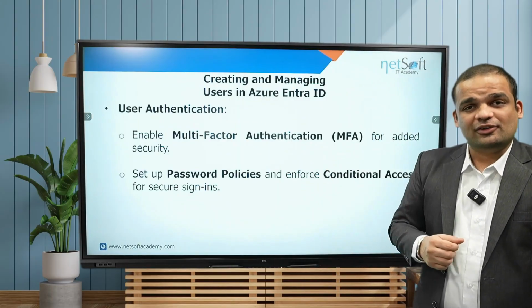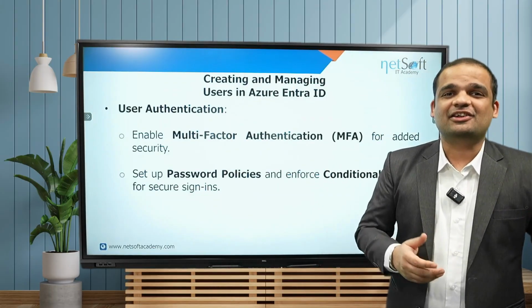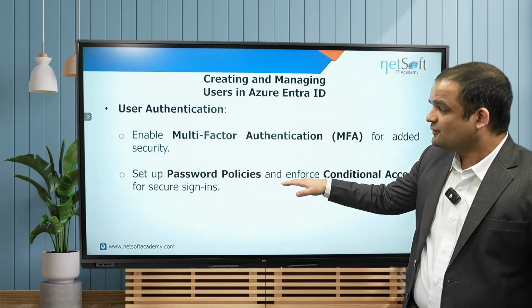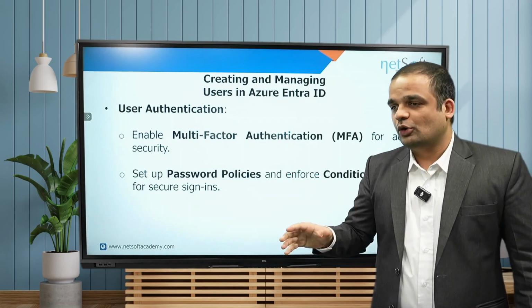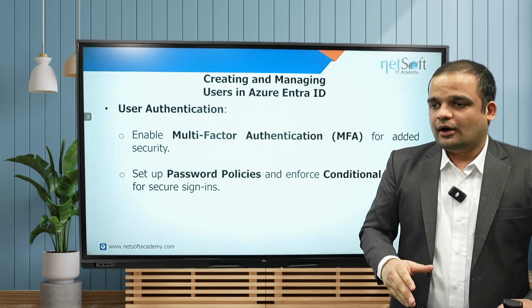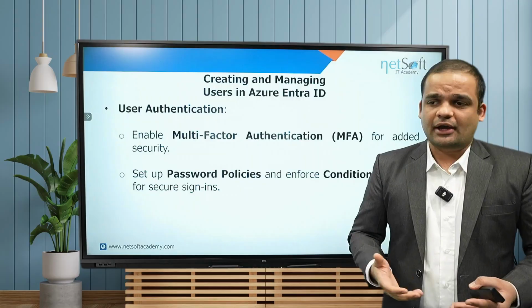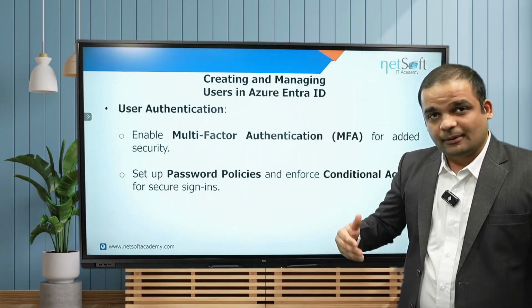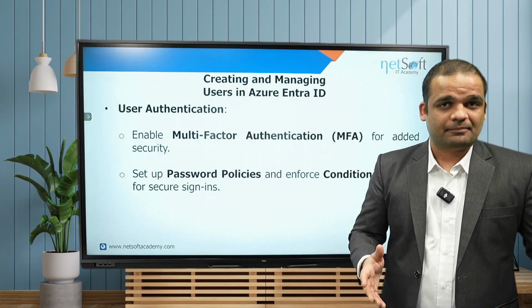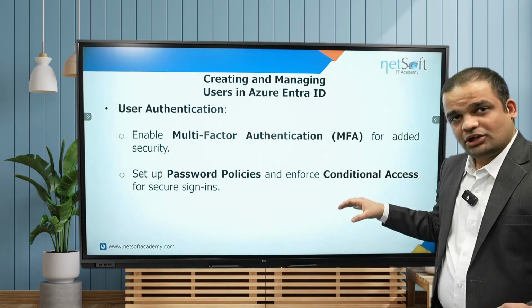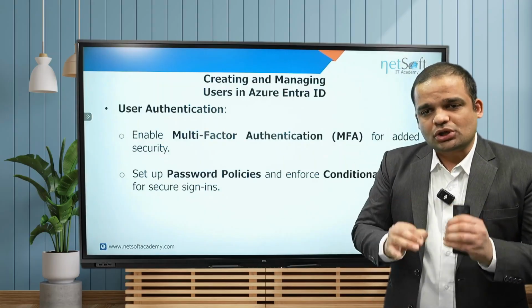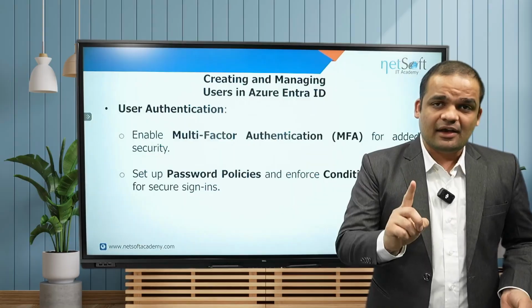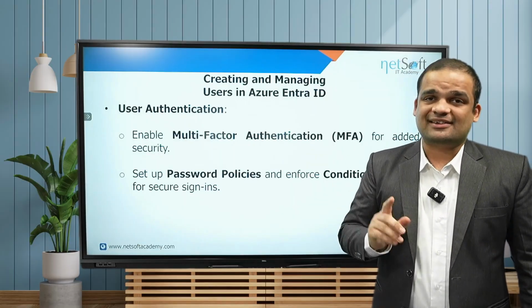Now, you can also set up password policies and use conditional access to control the sign-ins, where password policies will make sure that your users cannot use a very weak password like QWERTY or 1234. No. Or the company's name. They cannot use it. And with conditional access, you can make sure that the user cannot even access the resource if the conditions are not safe.